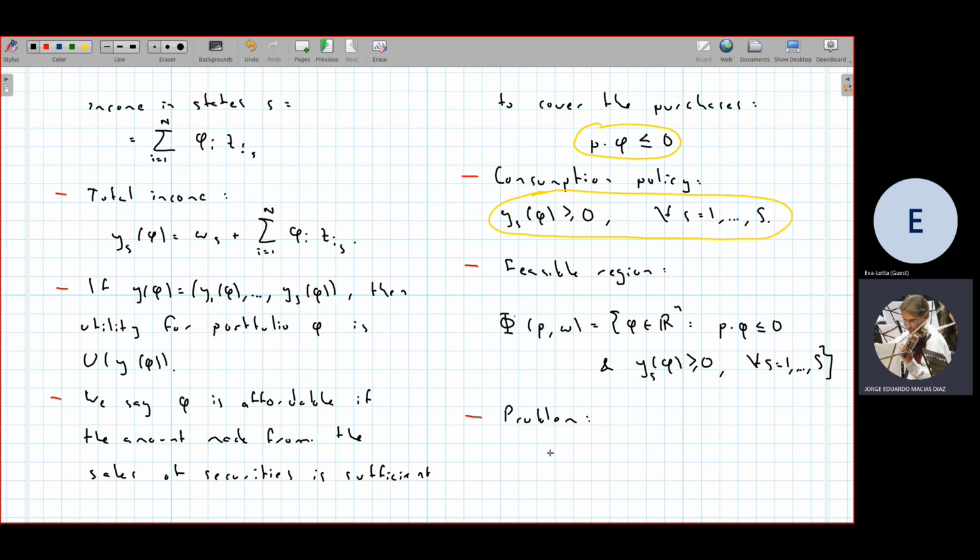So you want to maximize utility. So this is in terms of portfolios, when the portfolio is in this feasible region.